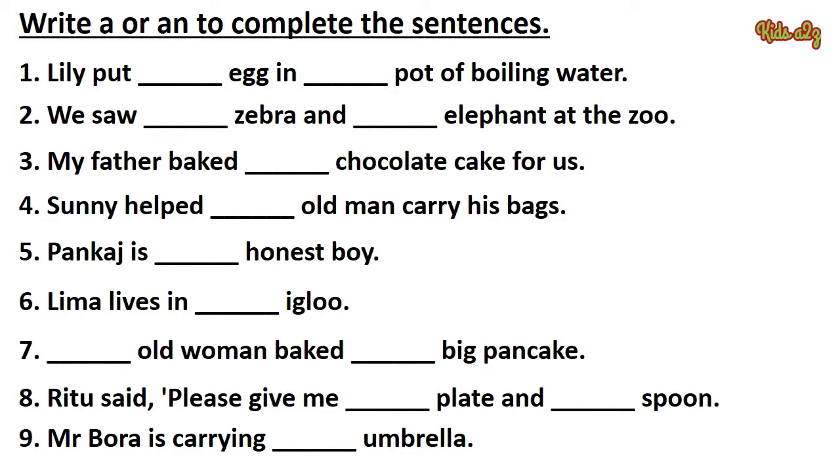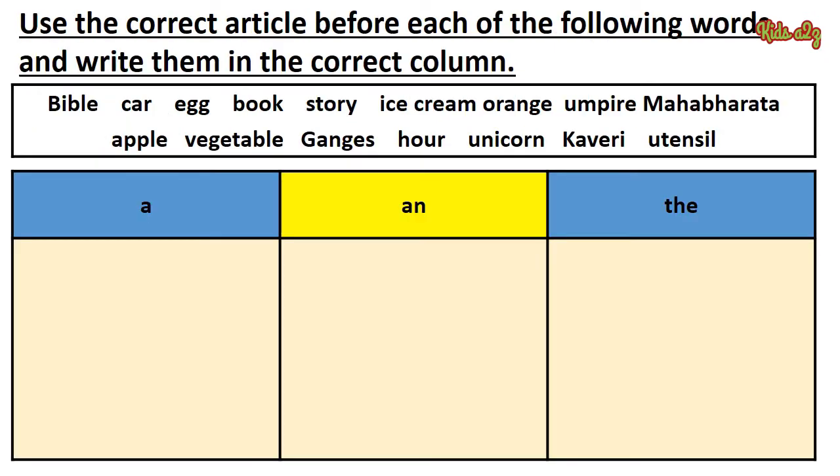Question number 8, Ritu said, please give me dash plate and dash spoon. Here in both the places kids need to write a. Question number 9, Mr. Bora is carrying dash umbrella. Answer is an.